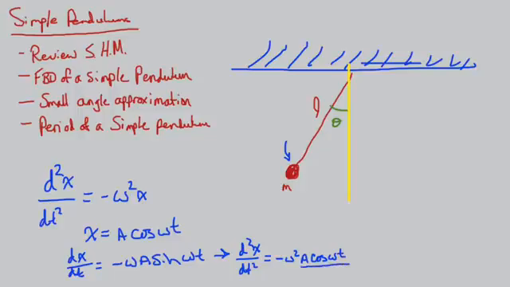But this right here is the same thing as our x. And so that gives us our omega right there, and that's how we get the simple harmonic motion. So real quick, those are our equations for simple harmonic motion. Now, what we're going to do is our force body diagram of our pendulum.